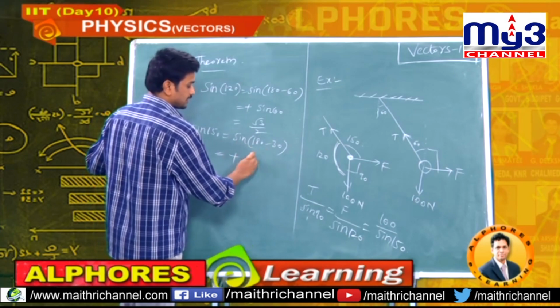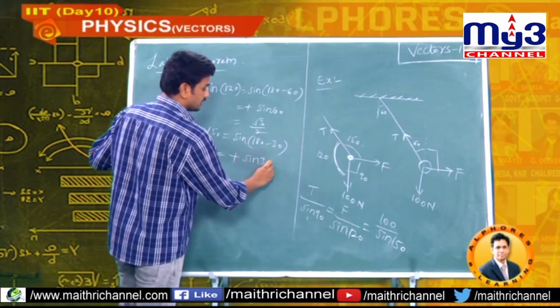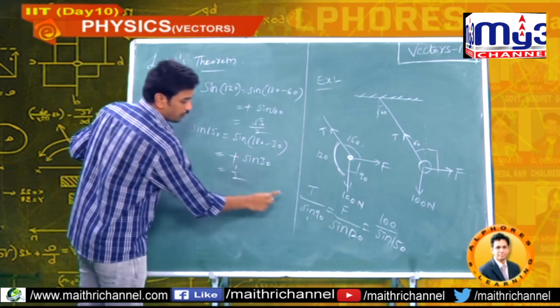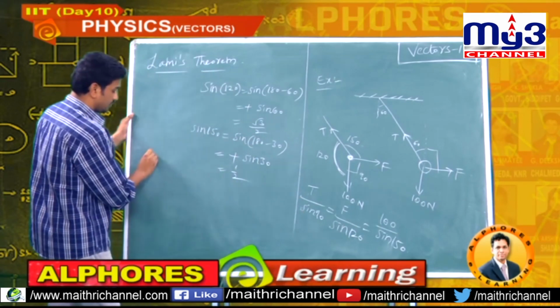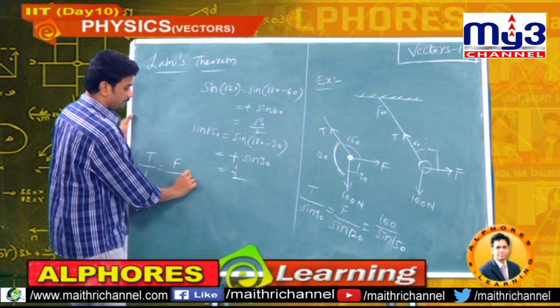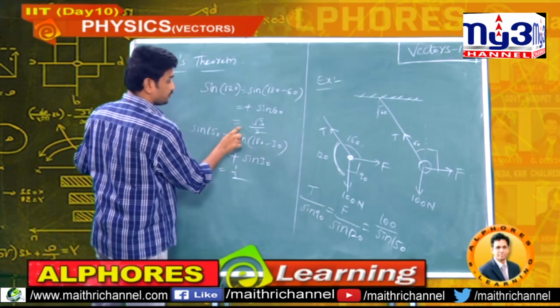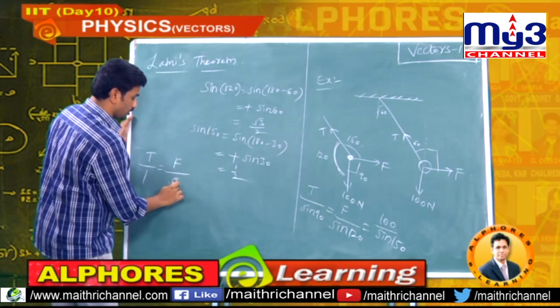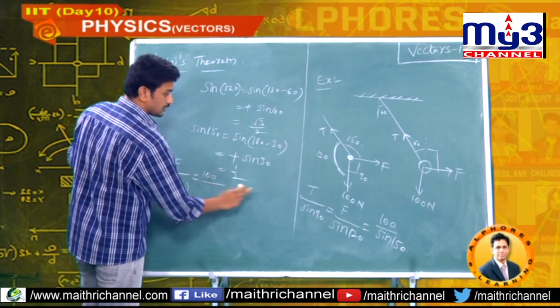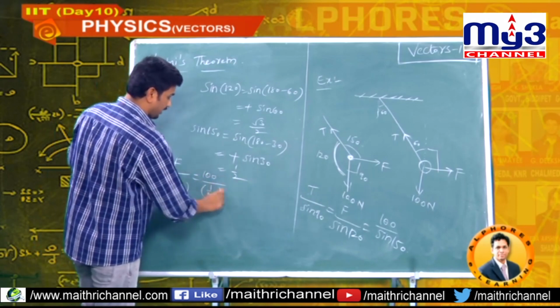Sine of 180 minus 30 value, sine 30, its value 1 by 2. These two values I am going to substitute in this equation. T by sine 90, F by sine 120, root 3 by 2. Now 100 by sine 150, 1 by 2.